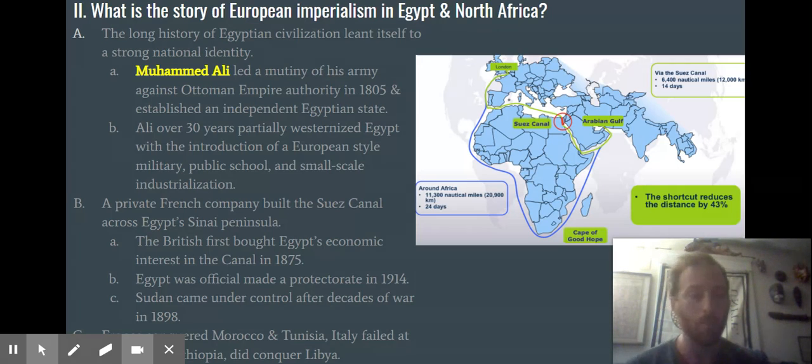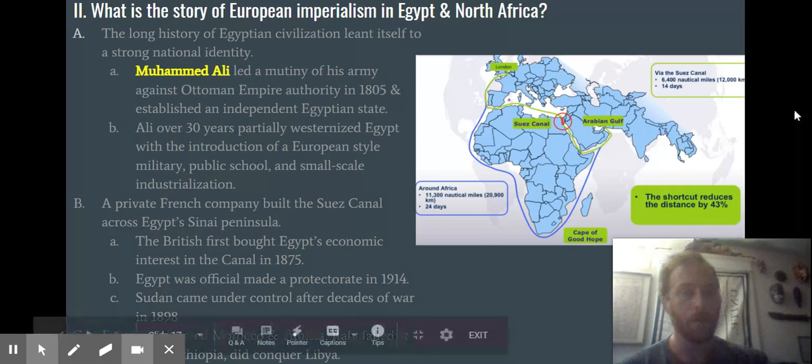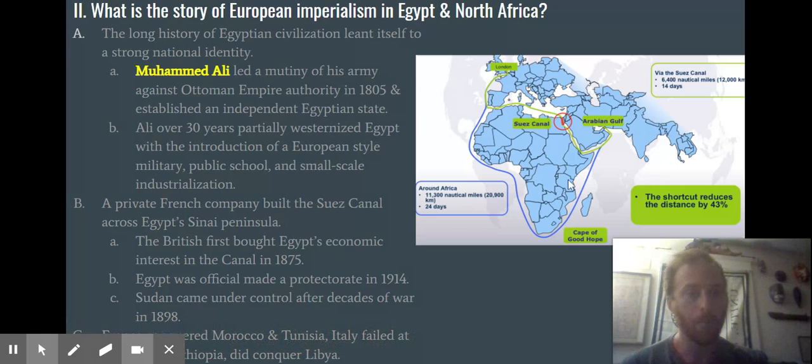Ali was able to fend off total imperial control until the British basically saw an opportunity after a canal had been built by a French company with Egyptian support to have a shortcut to their colonies in India, which is right over here. So Britain would be able to save 40% of their journey by taking control of this canal built by this French company. And so they weaseled their way into Egypt's finances, made it a protectorate, and conquered the Sudan, which is this large territory right south of Egypt, in the name of Egypt, but really for Great Britain.